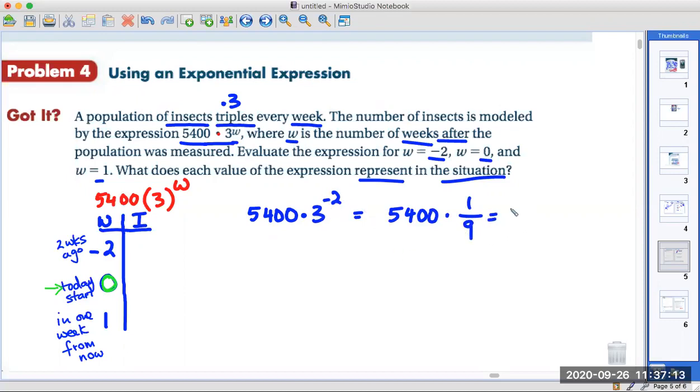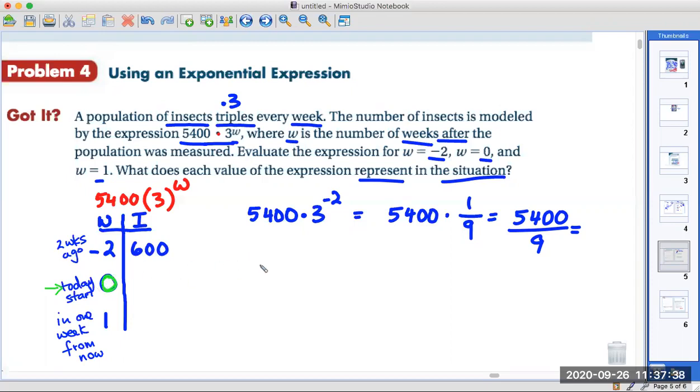And if you don't like multiplying by this fraction, you just go 5,400 divided by 9. And when you do the division, you'll get 600. So what that means is that there were 600 insects 2 weeks ago. So you counted them, all right?